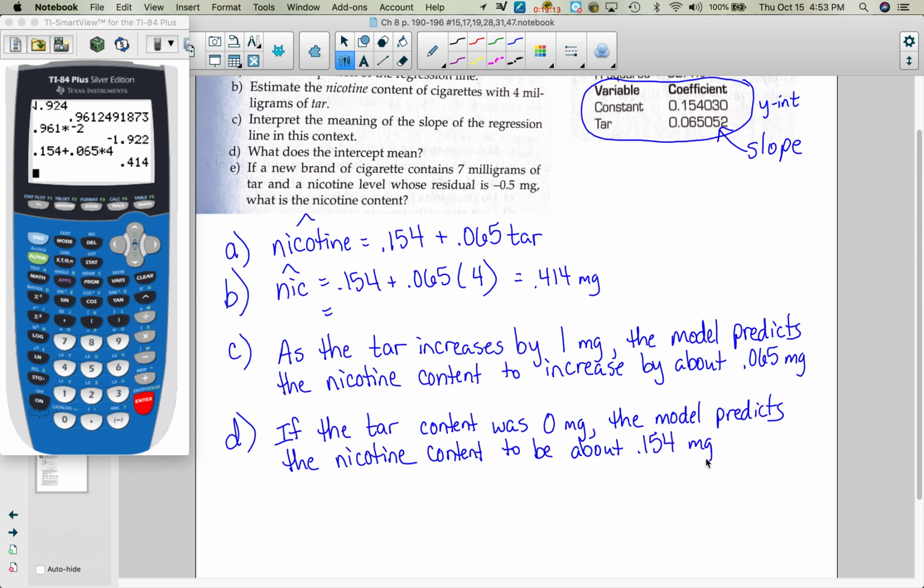Now, I don't know if that's possible or not. So I don't know if that's a nonsense answer because I don't know how that works. But I do know that that's how you interpret the y-intercept, okay?